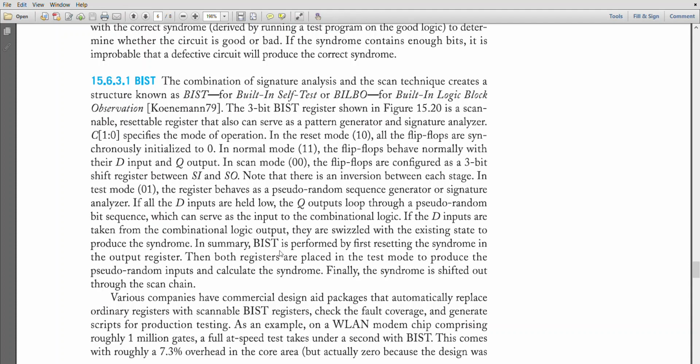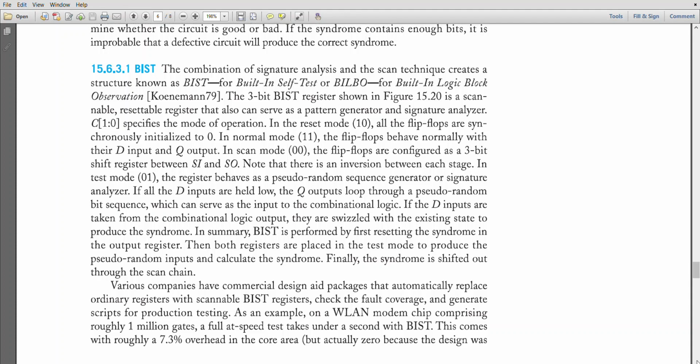In summary, BIST is performed by first resetting the syndrome in the output register. Then both registers are placed in the test mode to produce the pseudo-random inputs and calculate the syndrome. Finally, the syndrome is shifted out through the scan chain. Okay, so this is how you can understand this.